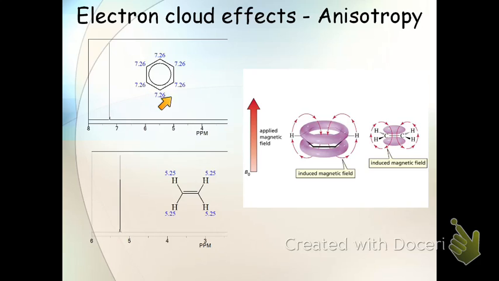Well, that pi electron cloud is above and below the plane of the benzene ring. When a magnetic field is applied to this structure as it comes up through the center, remember we talked about electrons producing a counter-magnetic field.